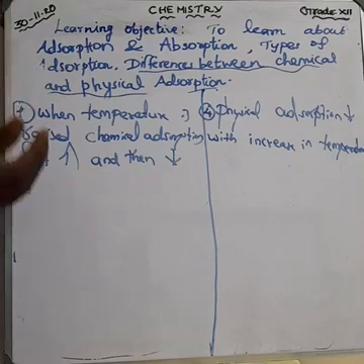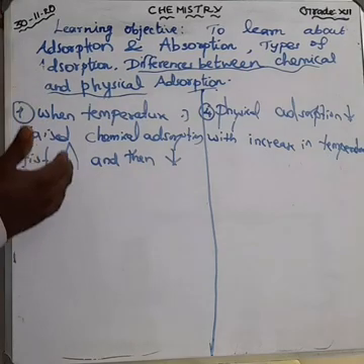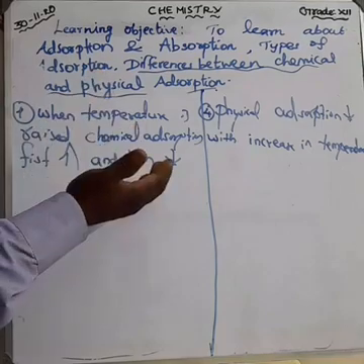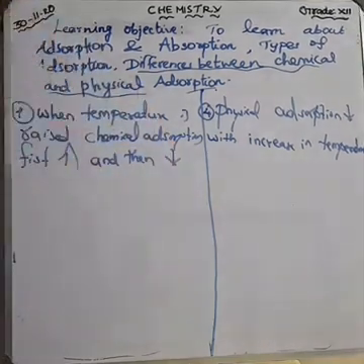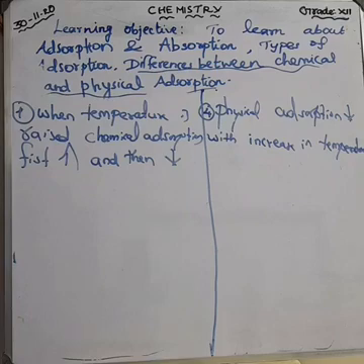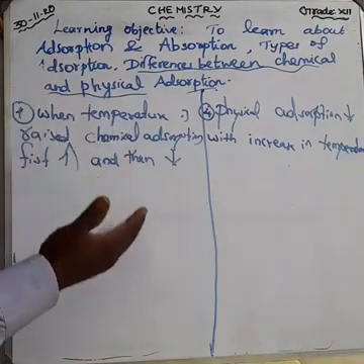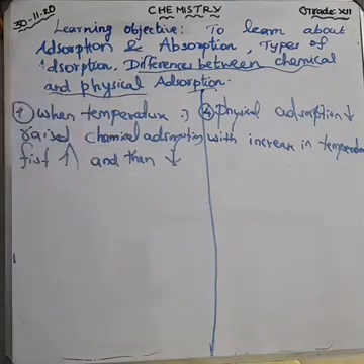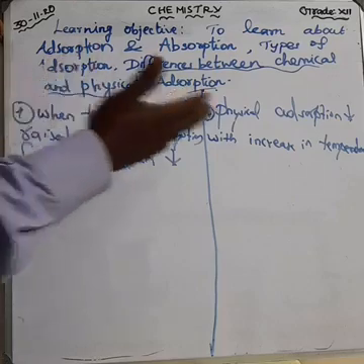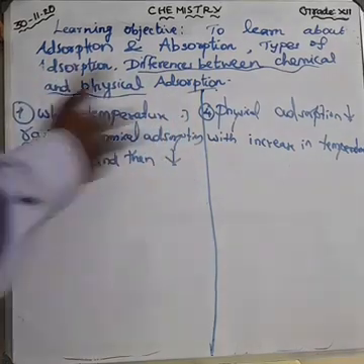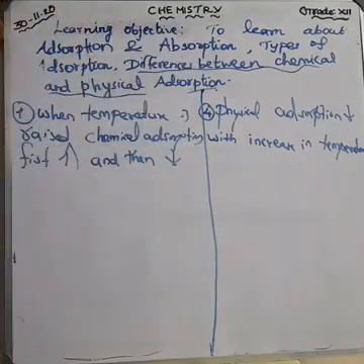Here, in chemical adsorption, there is a transfer of electron between adsorbent and adsorbate. What is about the fifth point? Here, transfer of electron between adsorbent and adsorbate. In physical adsorption, there is no transfer of electron.